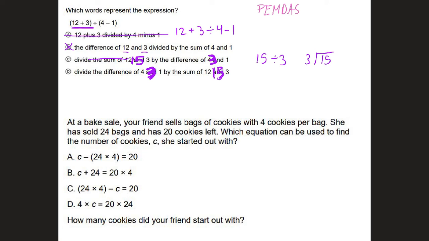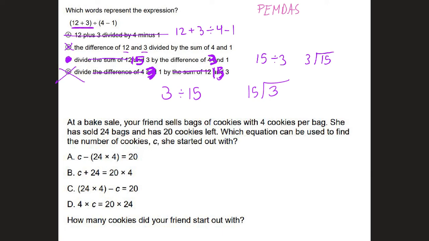So it was a divide 3 by 15. Can I divide 3 by 15? Or ask myself, how many times does 15 go into 3? For now, the answer is no, I can't do that.